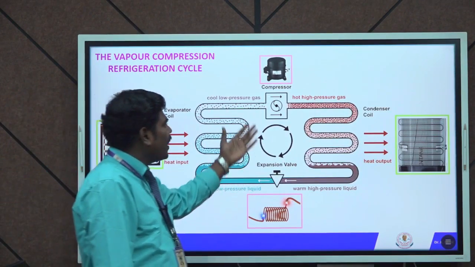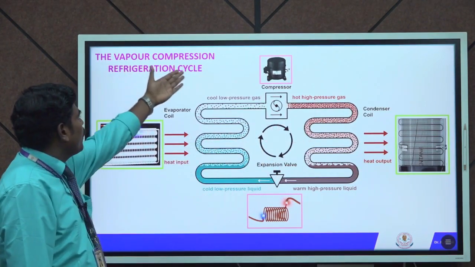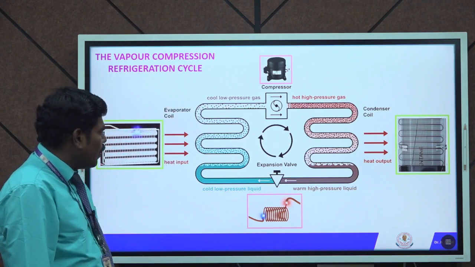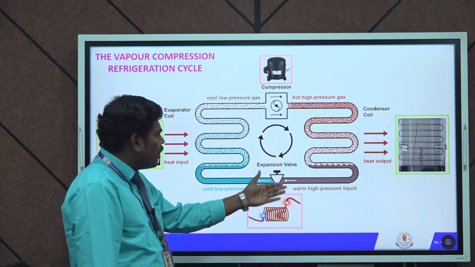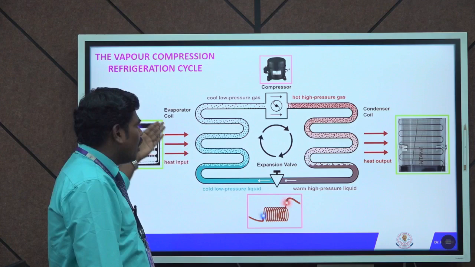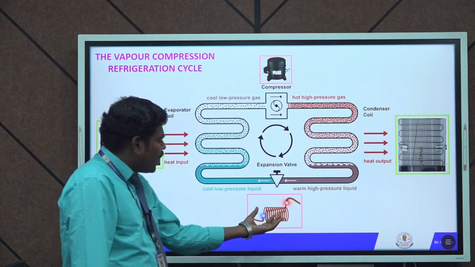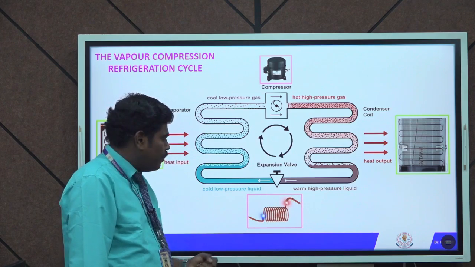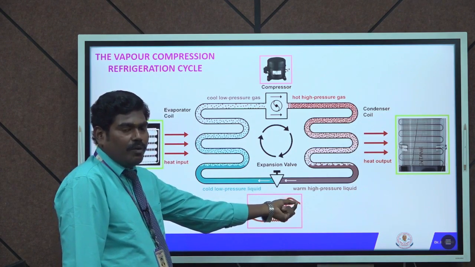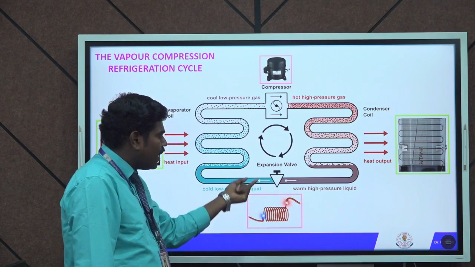This is a schematic representation of the vapor compression refrigeration cycle. It consists of the important parts: expansion valve, evaporator, compressor and condenser. The expansion valve carries the refrigerant, initially in liquid form, to the other end.